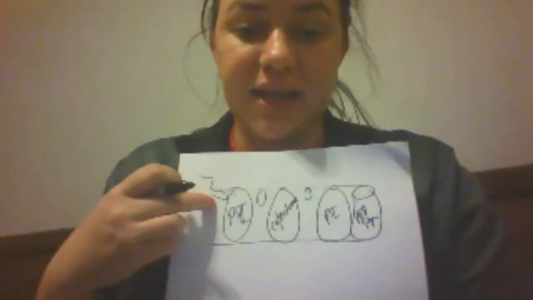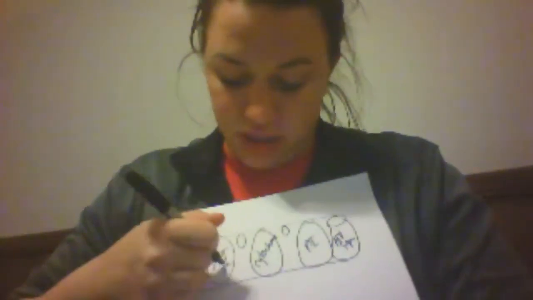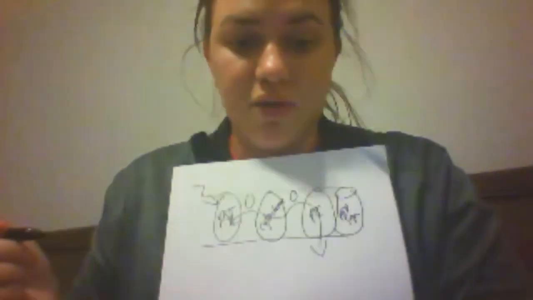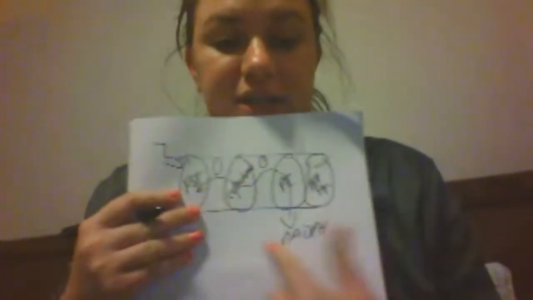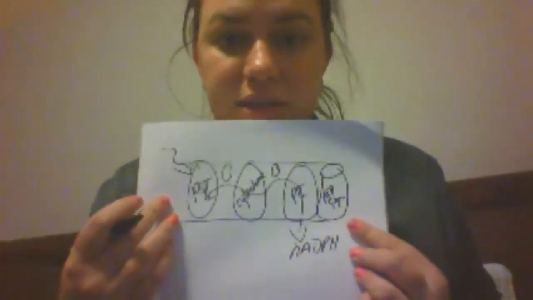If you're going from light exciting an electron and just passing it through and going down, there you go. And right here you make NADPH. Ding! This is non-cyclic.